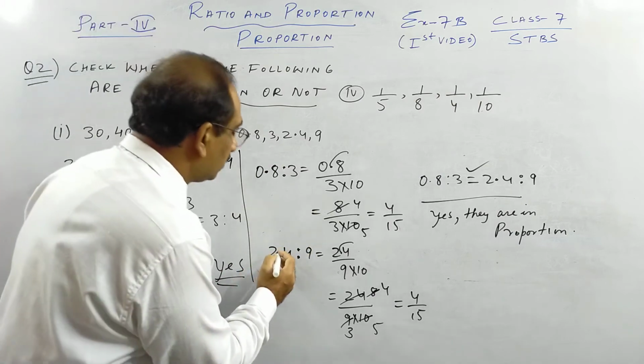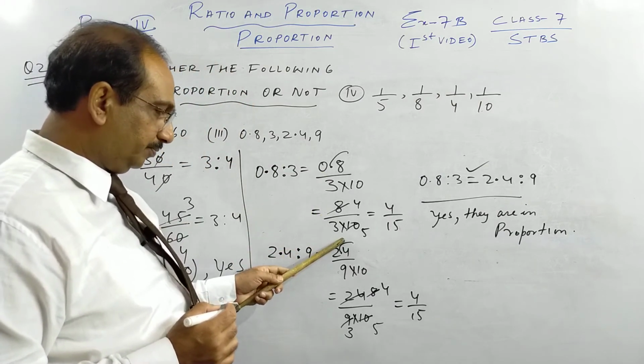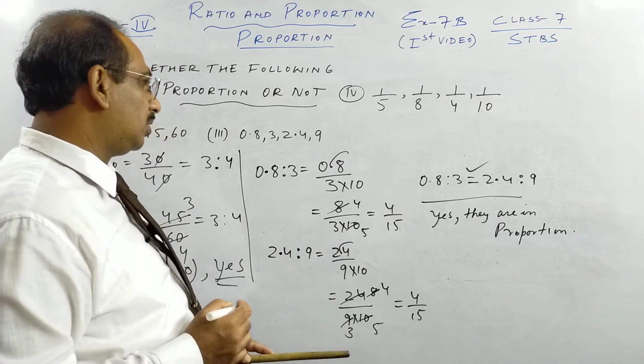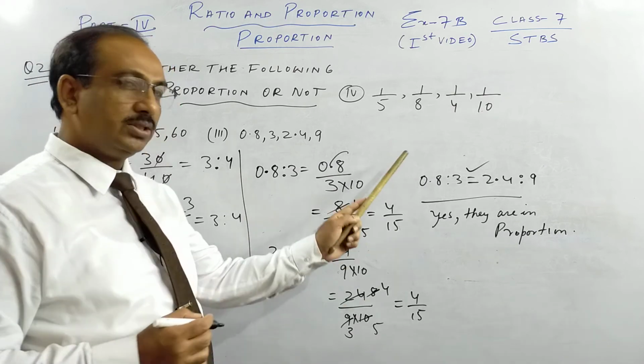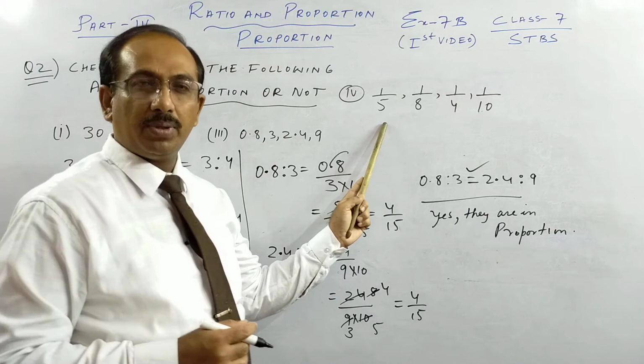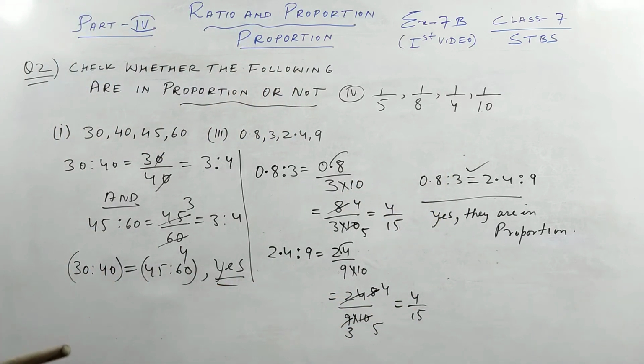So when the decimal is removed from the numerator, 10 comes in the denominator. Same thing here. So please pause the video and copy. Then I will do the last question of this session, whether this is in proportion or not.